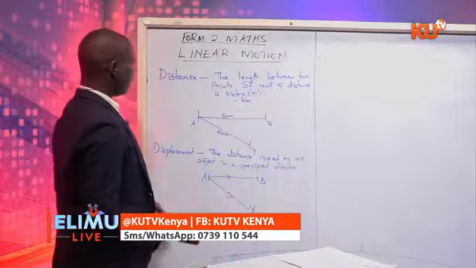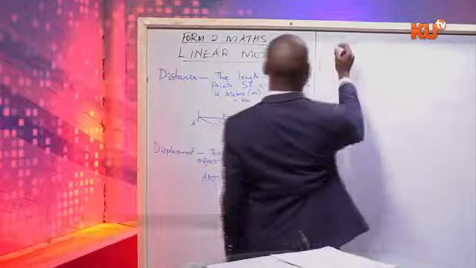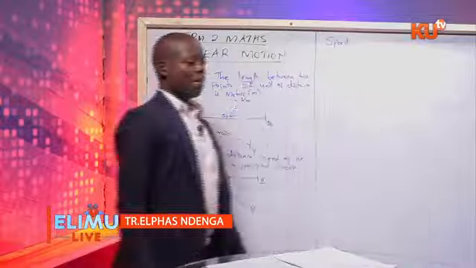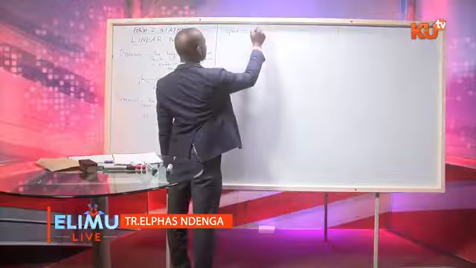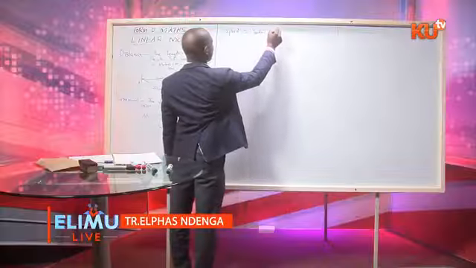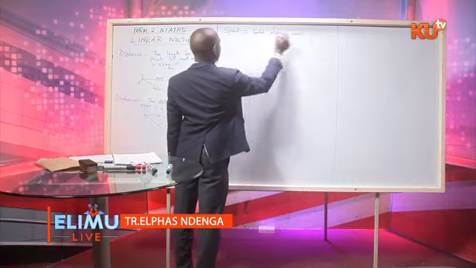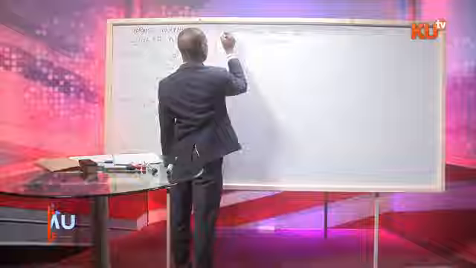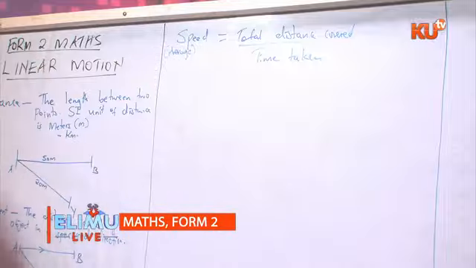And that is what brings in, when you're discussing distance, what we call speed. Speed is simply the total distance covered divided by the time taken, or rather what we call the average speed. You take the total distance covered over the time taken, meaning it's simply a ratio.